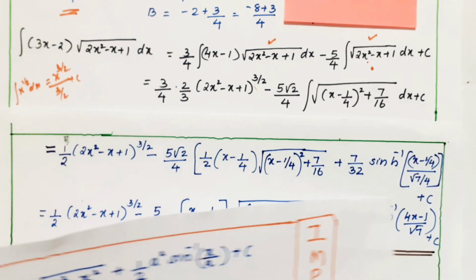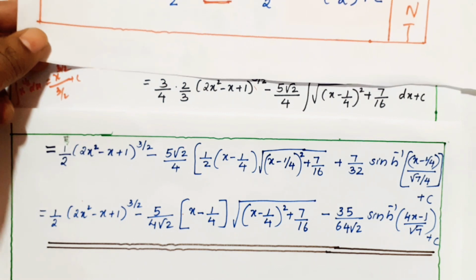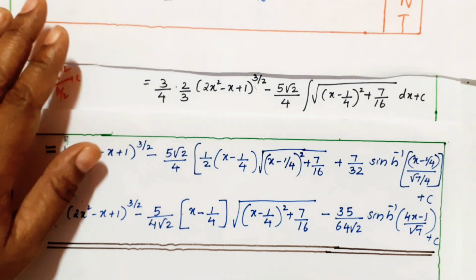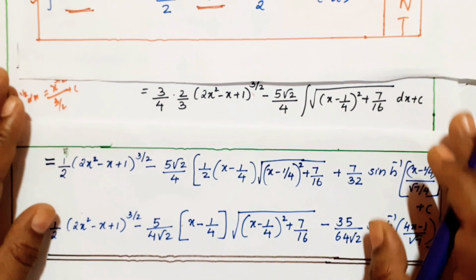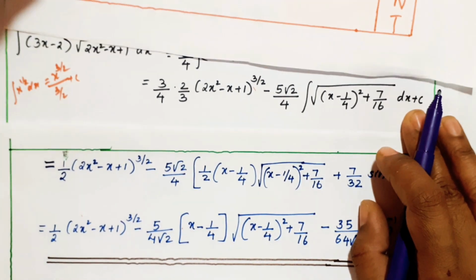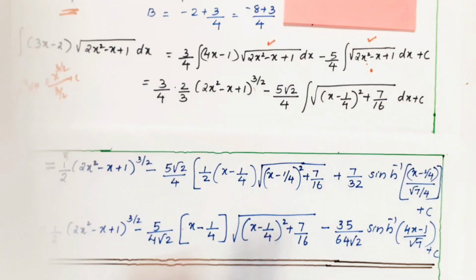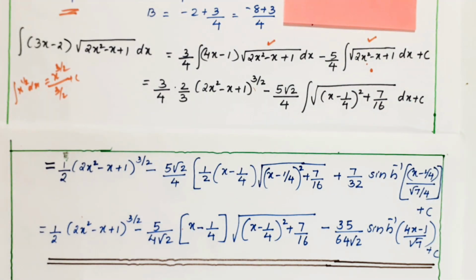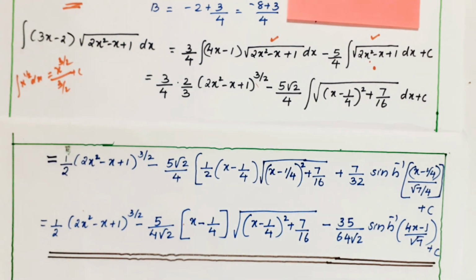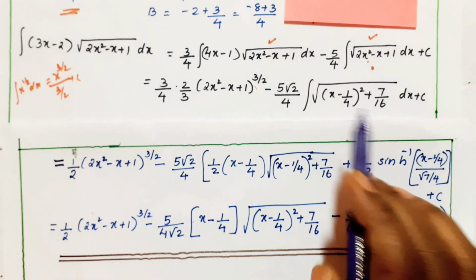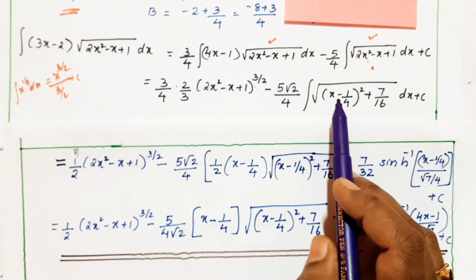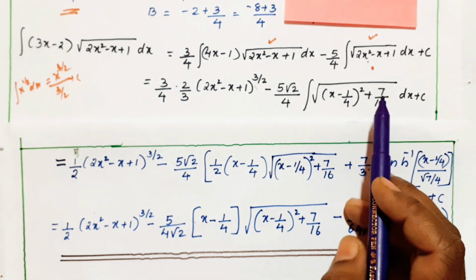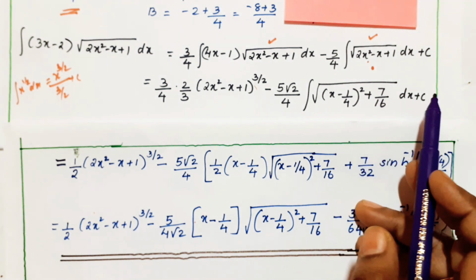So now what I am doing you see here. What we are doing? This is in the form of which one we need to tell all. So now if you check it. Okay. Now you see this term integral of root over x minus 1 by 4 the whole square plus 7 by 16 dx.